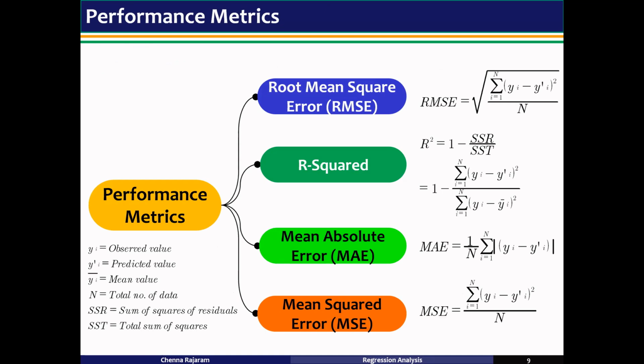Coming to the performance metrics, in regression analysis, the performance metrics are categorized into four. One is root mean square error. The root mean square error quantifies how dispersed the residuals are.